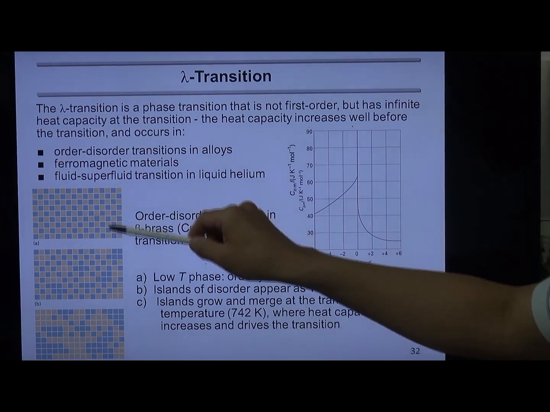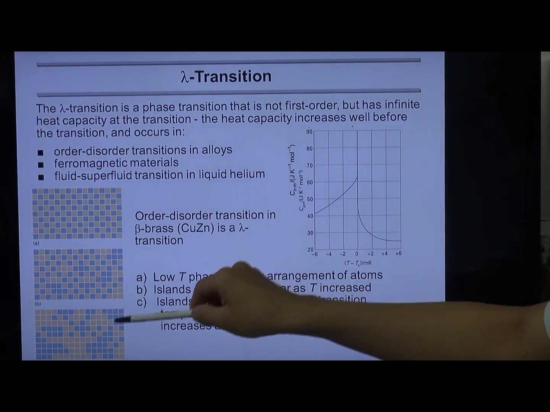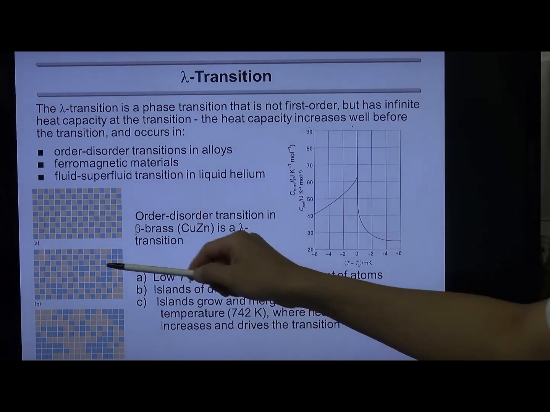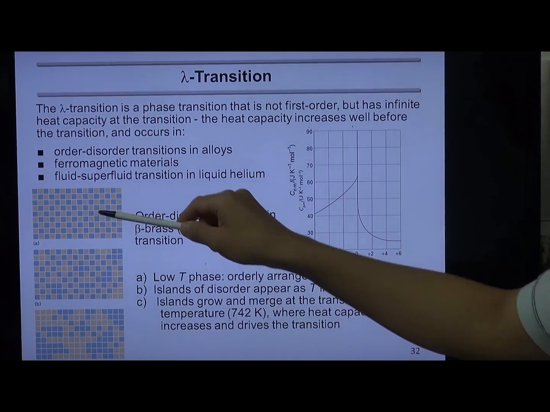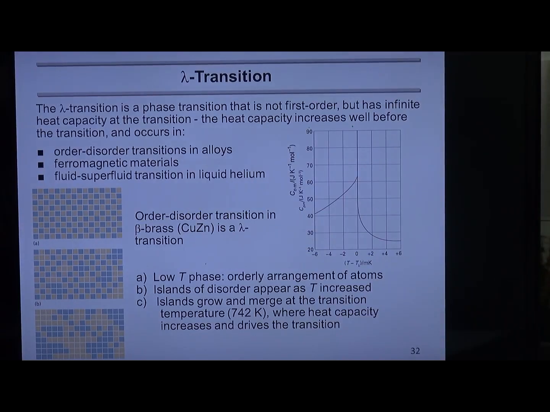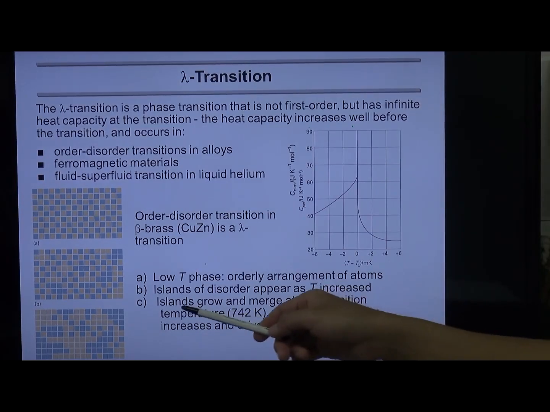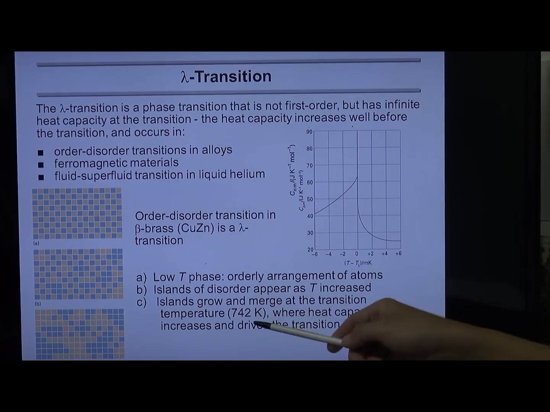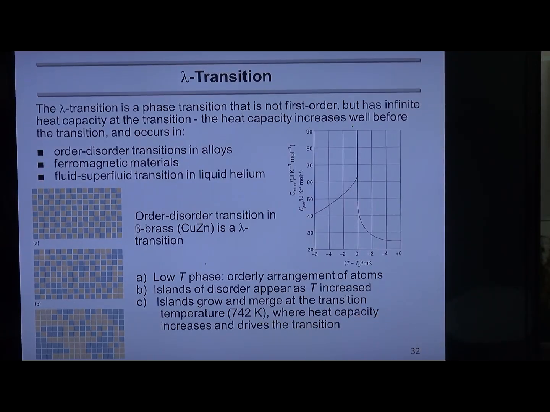So as the transition occurs, it's very easy to change from ordered to disordered state without giving more energy. Okay? So the islands grow and merge at the transition temperature, where heat capacity increases and drives the transition. Okay? So they have infinite heat capacity at this order disorder transition.